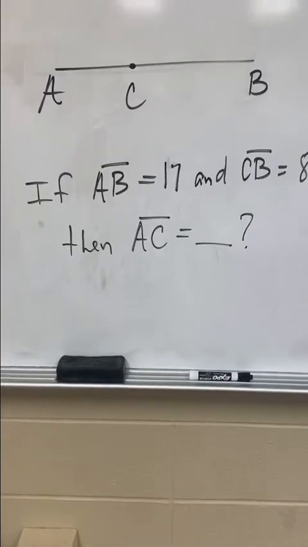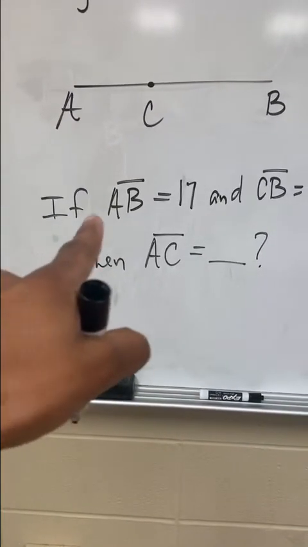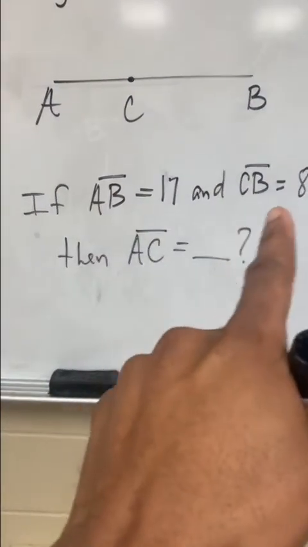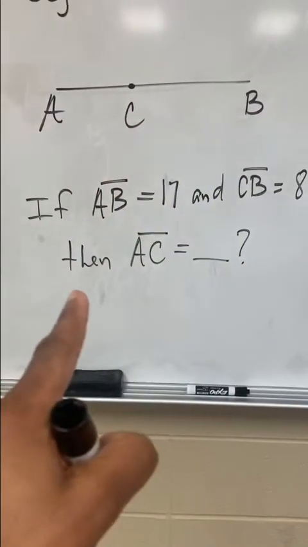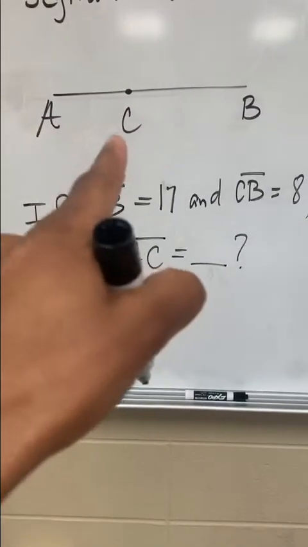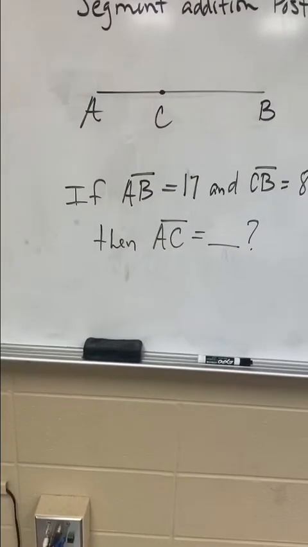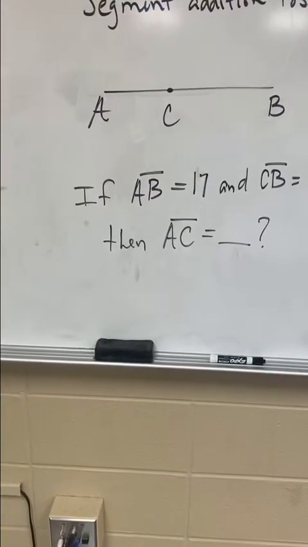It gets you thinking logically. So if I'm telling you that the whole segment is 17, from A to B, and that CB is 8, then how long is segment AC? The best thing to do is to label your diagram with all of the correct measurements. That's what's going to help.